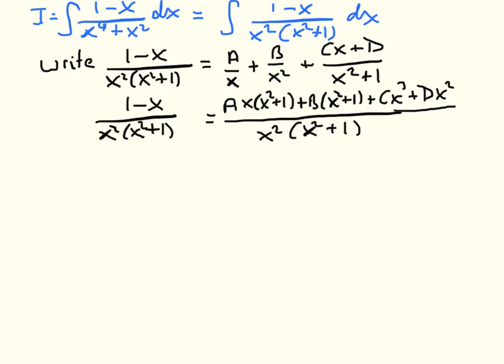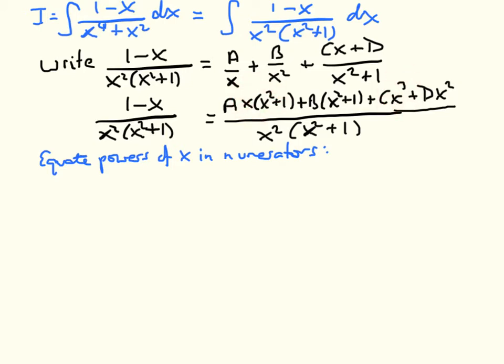So that tells us that the numerators have got to be the same, so now we can equate powers of x. So let's equate powers of x in the numerators. The highest power of x that we see over here is x cubed, that we can get from here and here.